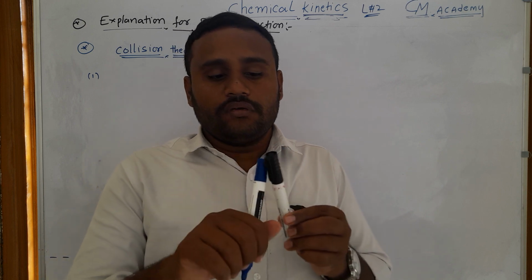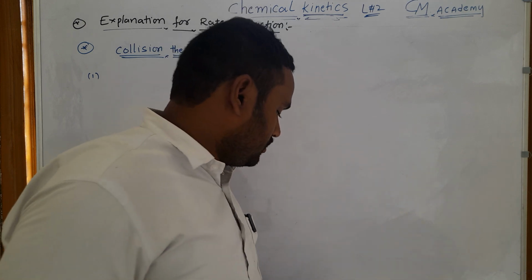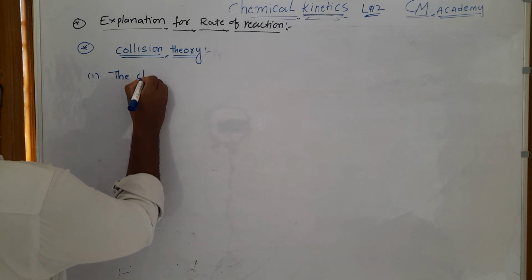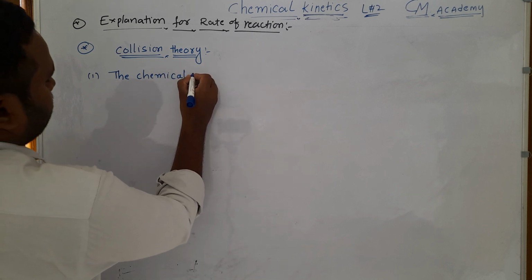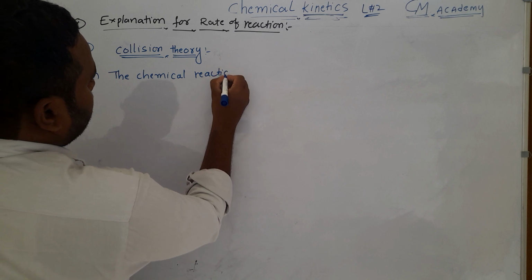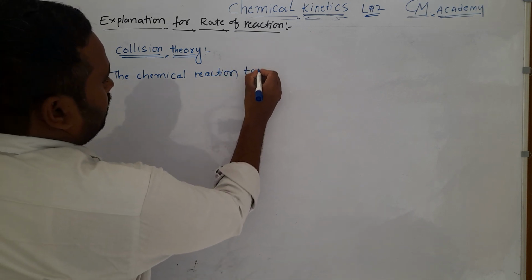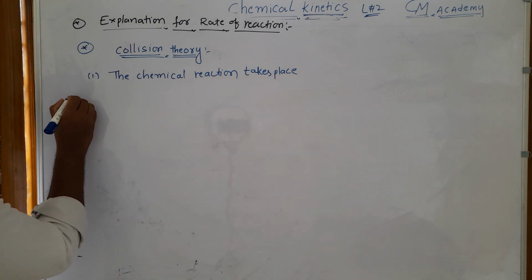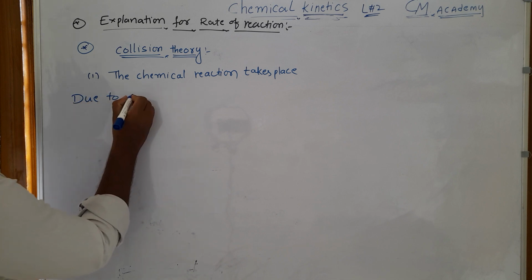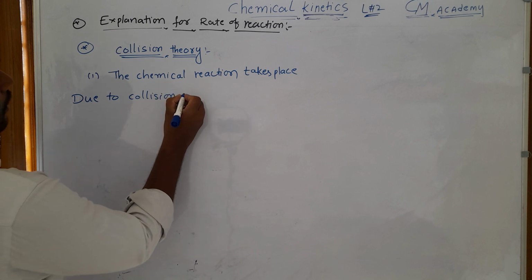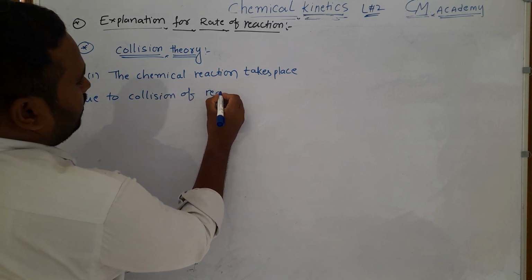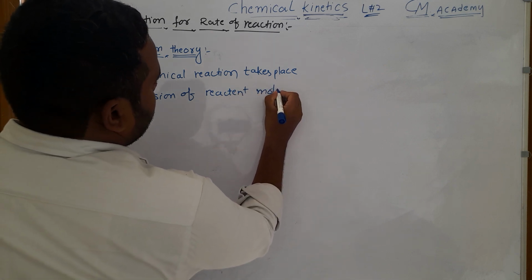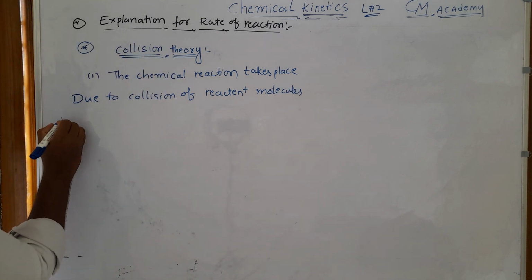When they collide with each other, colliding means hitting each other, the chemical reaction takes place due to collision of reactant molecules.